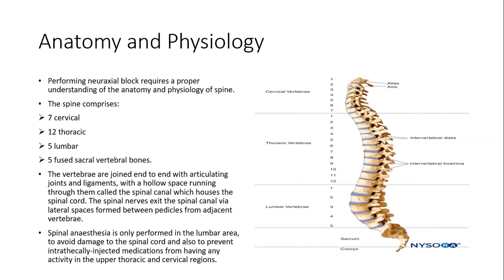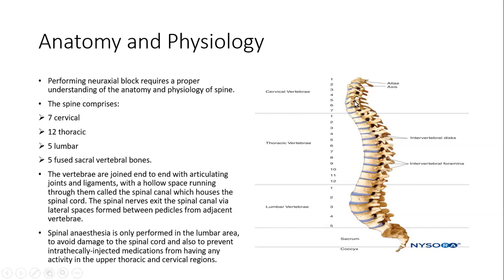So the vertebral bodies form the spinal canal where it houses the spinal cord. The spinal nerves exit the spinal canal via lateral spaces that are formed between the pedicles of adjacent vertebrae. You can see this is where the spinal nerves exit from, in between the vertebral bodies.